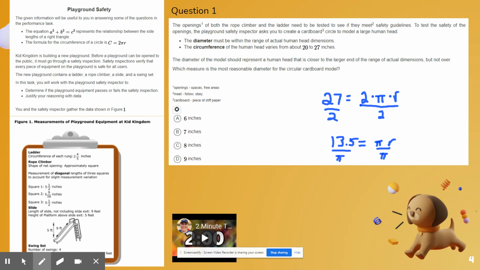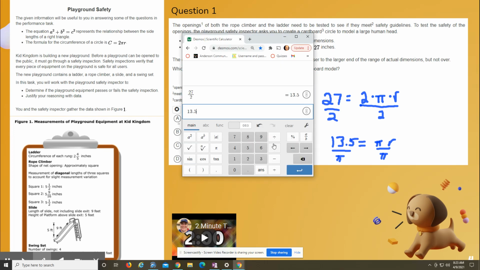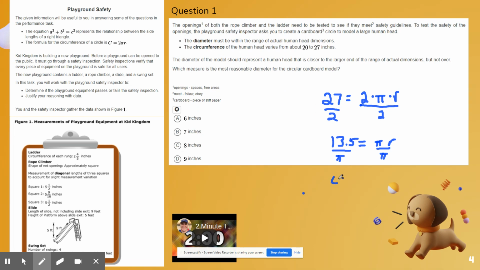That gives me 4.297. So we're going to round it to the nearest tenth. We're going to call it 4.3. That tells me the radius.